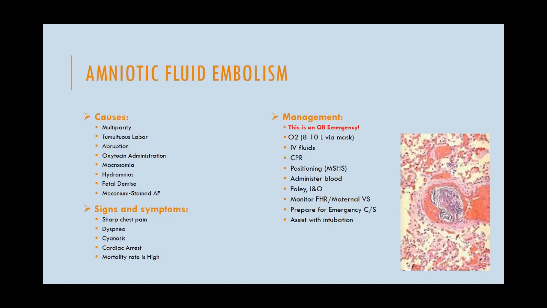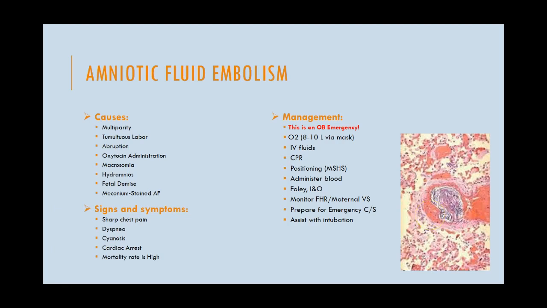Amniotic fluid embolism. So you can see here, this is a picture of an amniotic fluid embolism right here. That's the embolism. Some different causes of amniotic fluid embolisms are moms who've had more than one baby, so a multiparity mom.